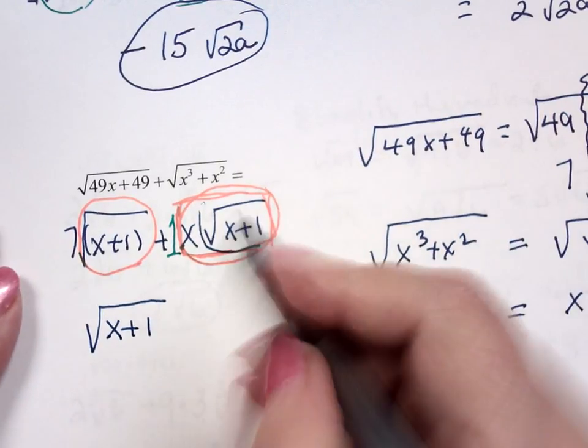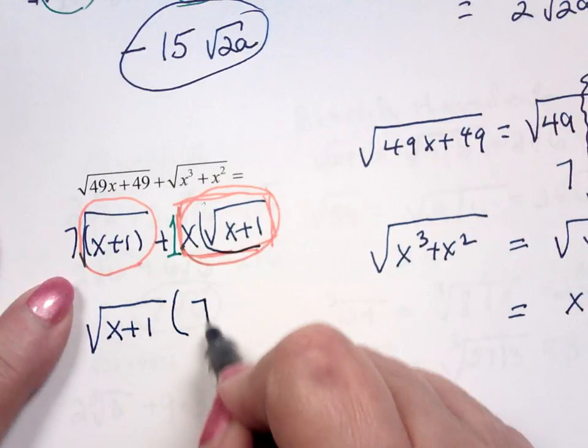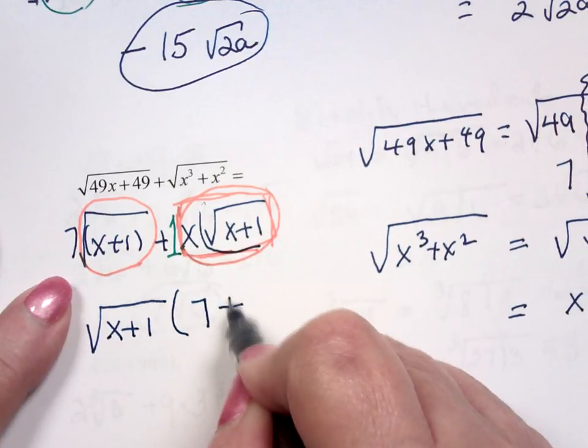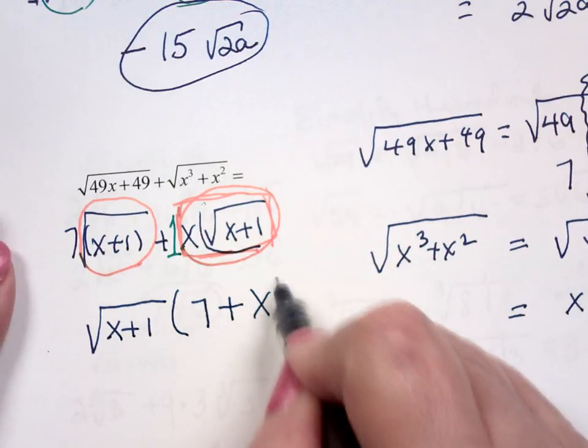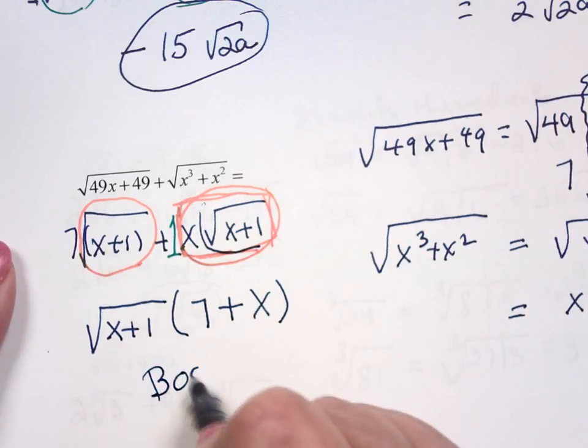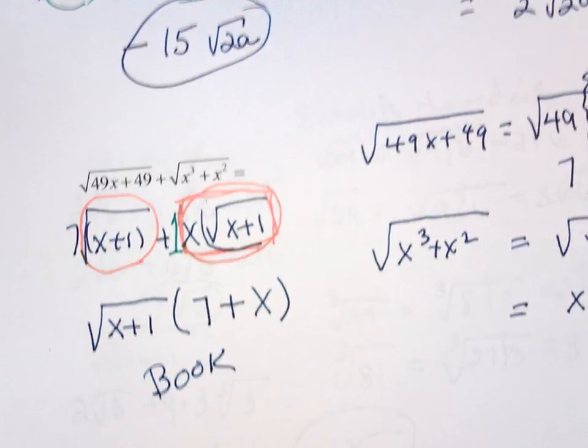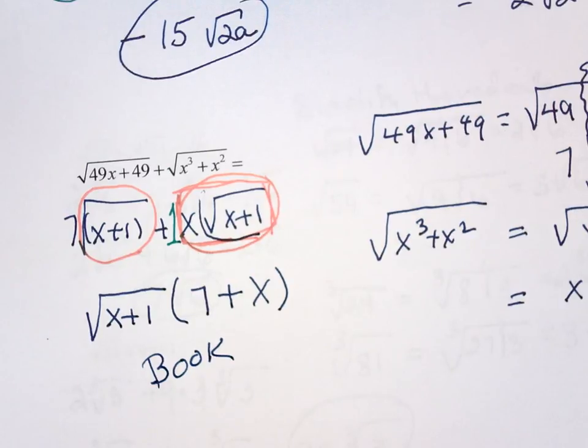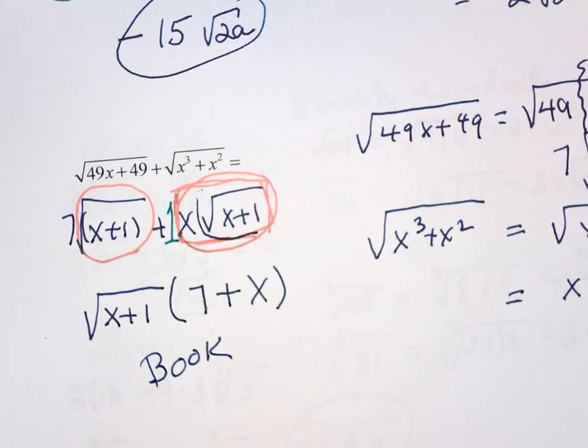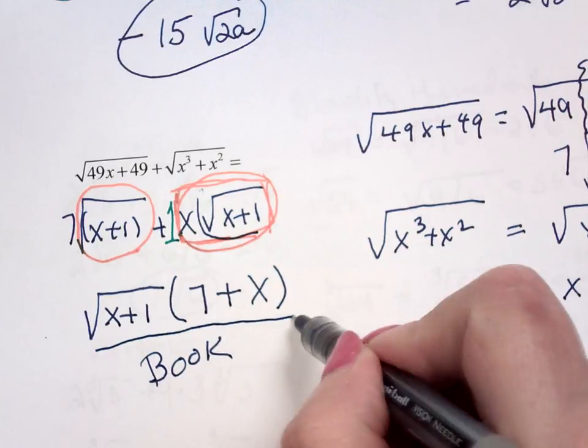And when you remove it, you're left with 7 and a plus 1x. I'm not exactly sure why you would want to do that, but that's an alternative answer.